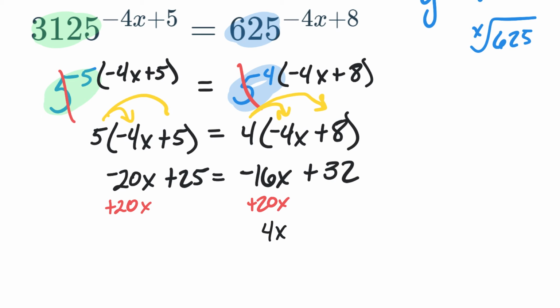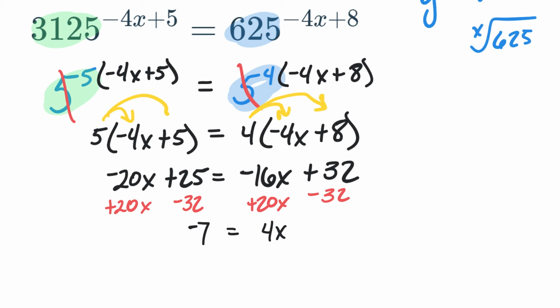Since I chose to move the variables to the right, the non-variables like 32 have to be moved to the left. So I subtract the 32 over here, and that gives me negative 7.